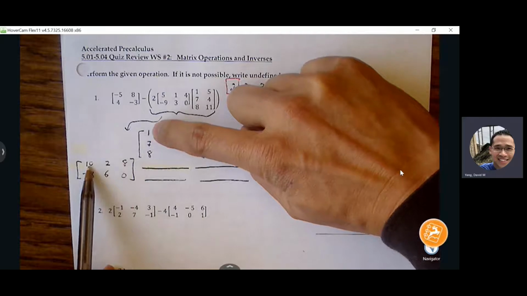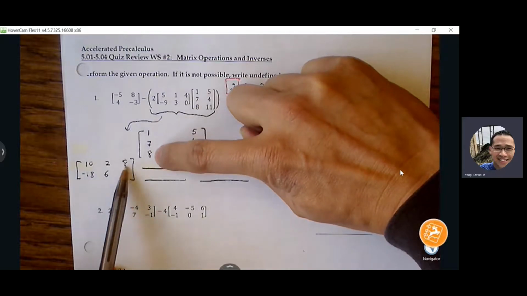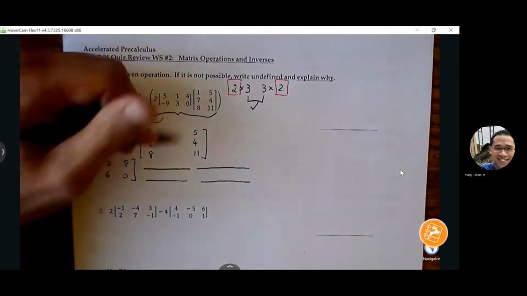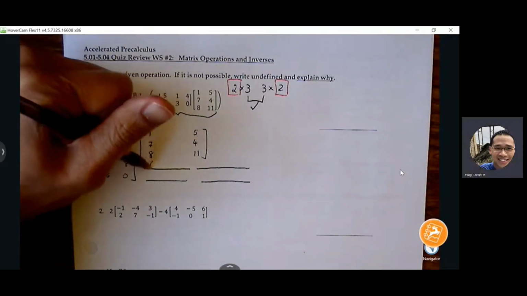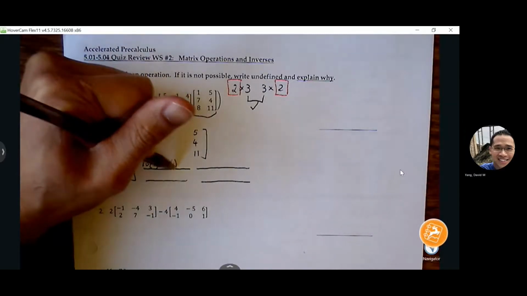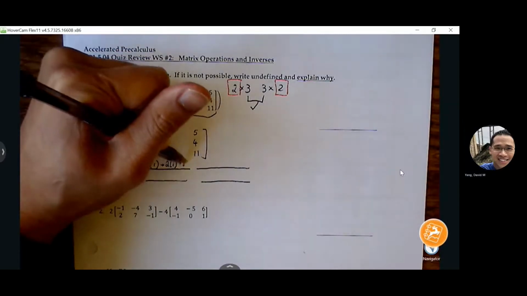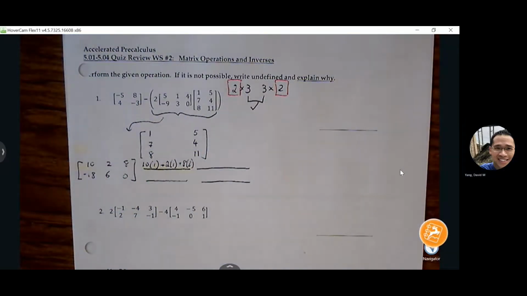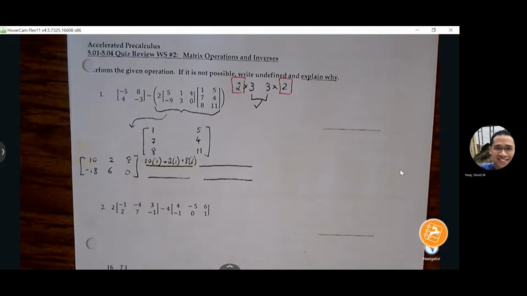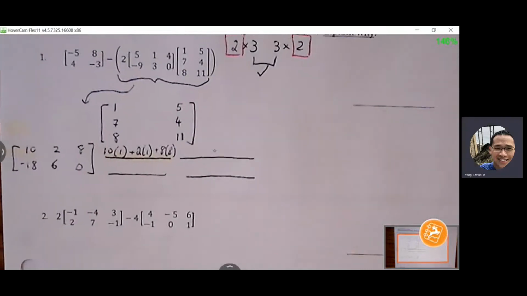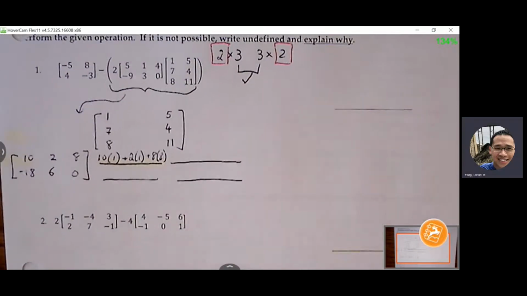Okay, so 10 goes with 1, 2 goes with 7, 8 goes with 8. Repeat the process to figure out the values for each of the other elements.